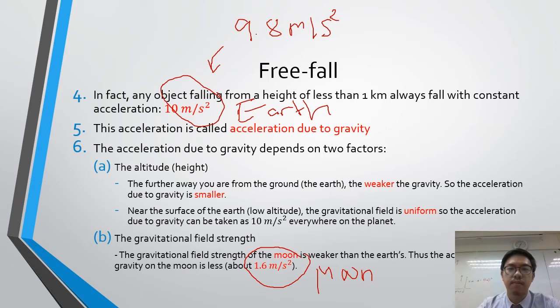But for your syllabus, we're just going to round off this number to 10 meters per second squared. So when you go to sixth form, you might use this true value, 9.8 meters per second squared. But for your syllabus, for O levels, you will just use 10 meters per second squared, which is the rounded off version of the true value for the acceleration due to gravity.